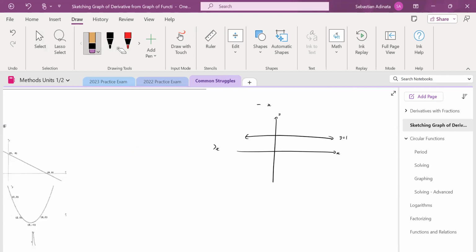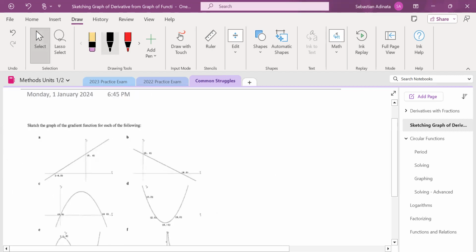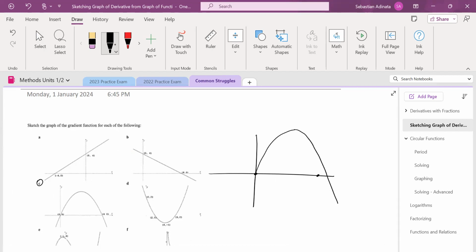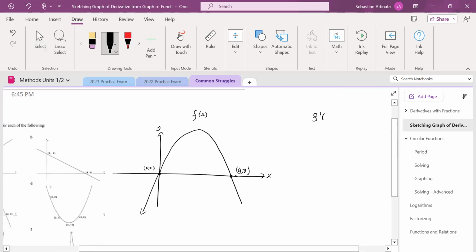So let's have a look at another graph. Let's see. Okay. This is our f of x. And we want to draw our f dash of x.